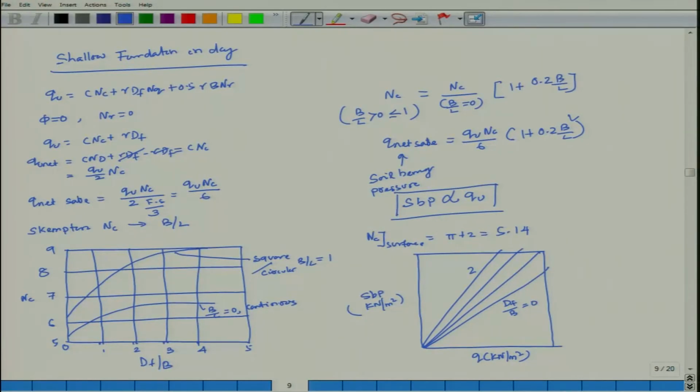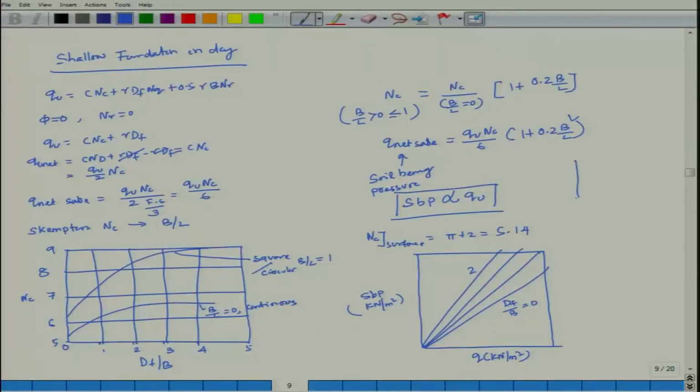So, Q net is equal to CNC. C is your undrained cohesion, and if I go for an unconfined compression test, from there you can find out the value of QU.